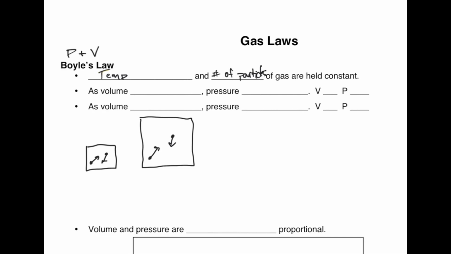So we can graph this. If we graph this with pressure being on our y-axis and volume being here, we would see that as the volume increases, the pressure decreases. Right?